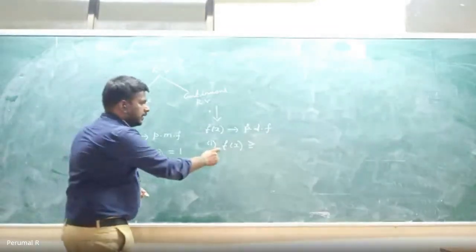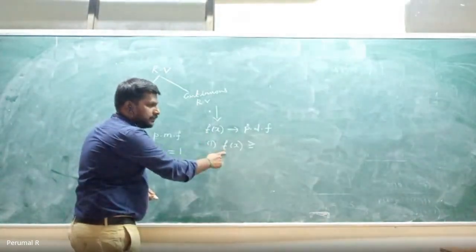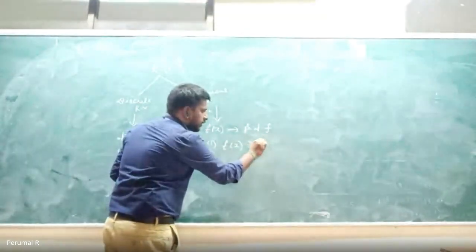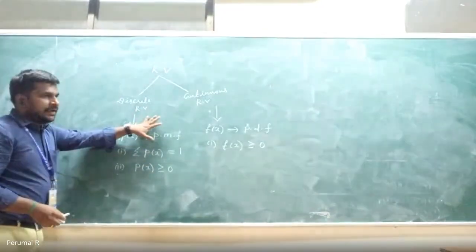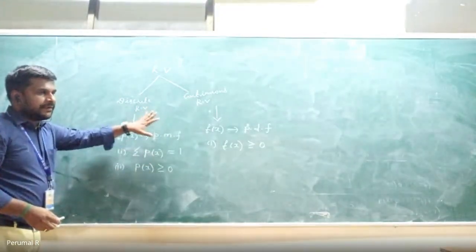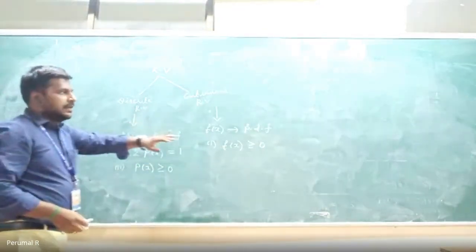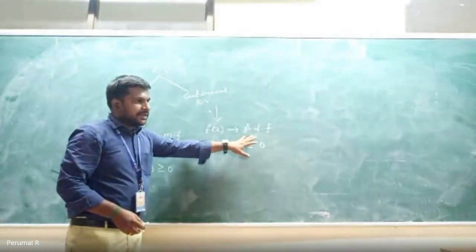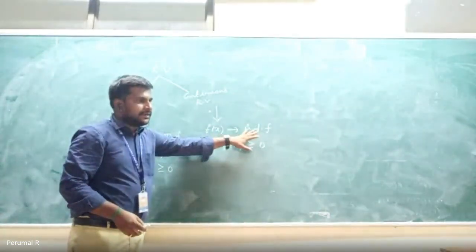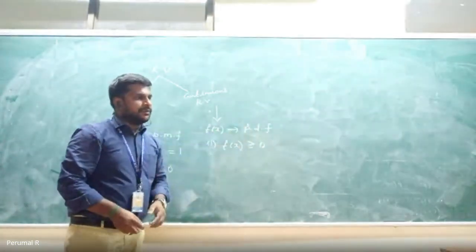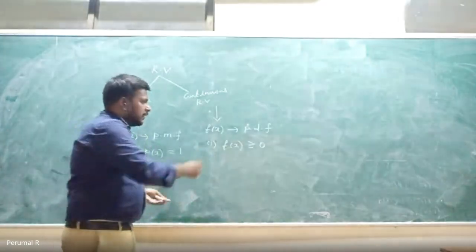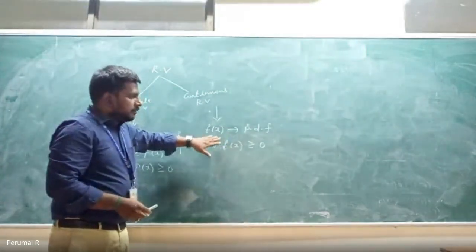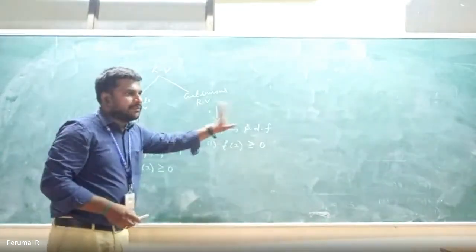Here your probability distribution function should be greater than or equal to 0. Already you know that the values of the random variable here are finite and countable, but here the values of the random variable are infinite and also uncountable. Therefore your probability density function is always defined in some interval.